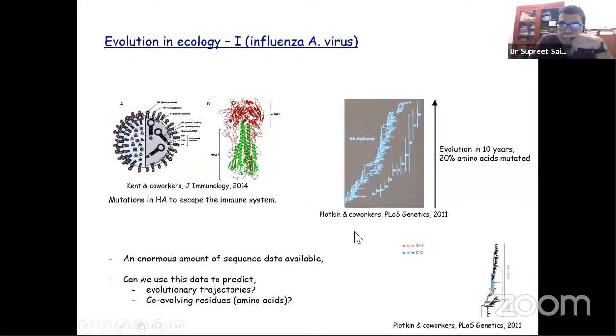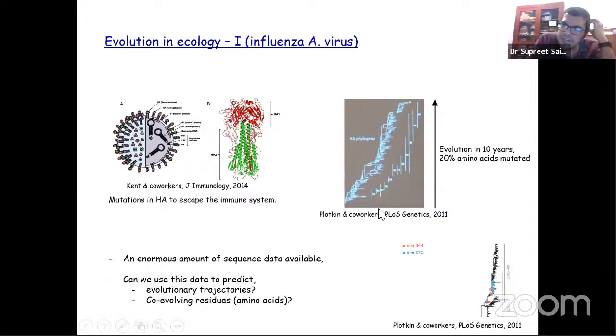Starting from the 1980s, we have a lot of data available for the HA protein for the influenza A virus. And this is a phylogeny drawn of the variants of influenza that were present. I believe this is from the late 80s to the mid 90s, about a 10-year period.